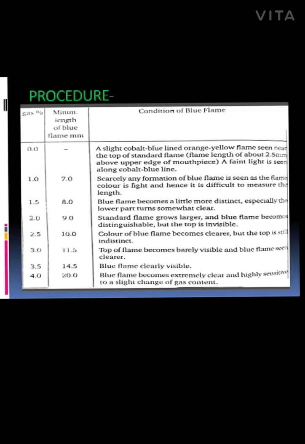At 2.5%, color of blue flame becomes clearer, but the top is still indistinct. At 2%, standard flame grows larger, the blue flame becomes distinguishable, but the top is invisible. At 1.5% of methane, blue flame becomes a little more distinct, especially the lower part turns somewhat clear.